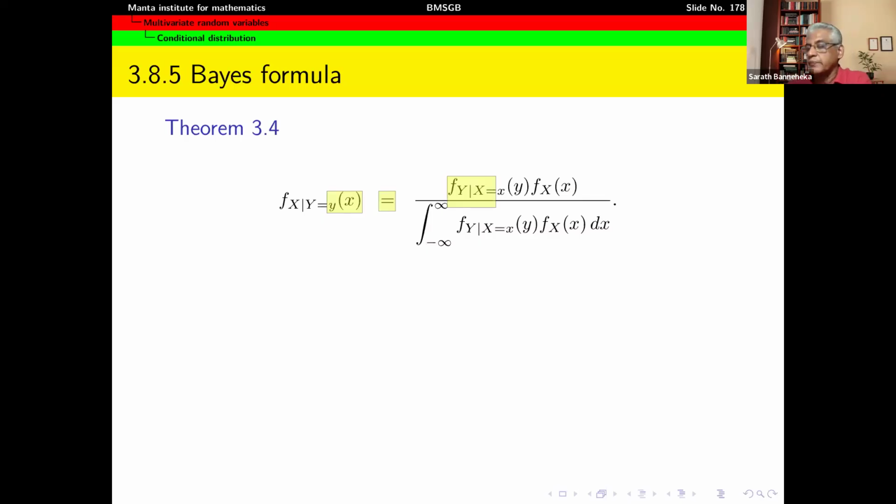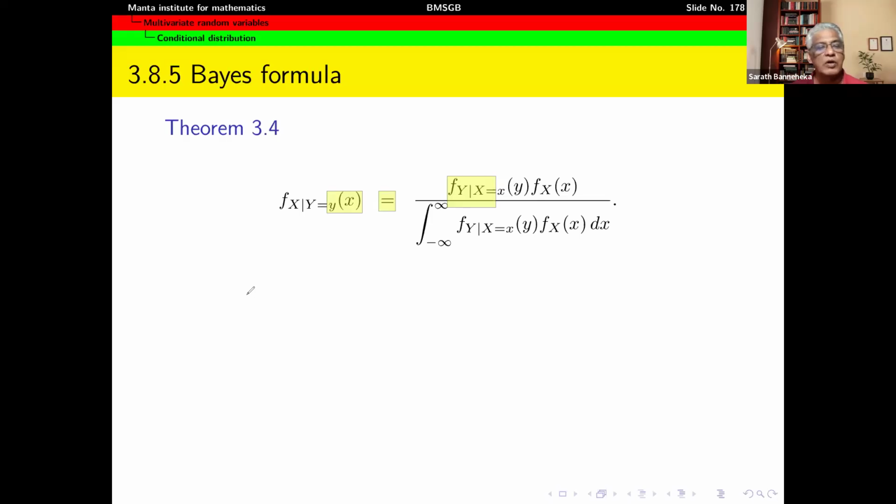So this is very similar to what we know about the probability of events, right? When you talk about the basic Bayes theorem, if you remember, let me write it down for you to recall.